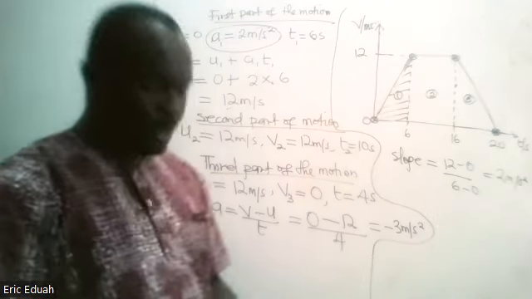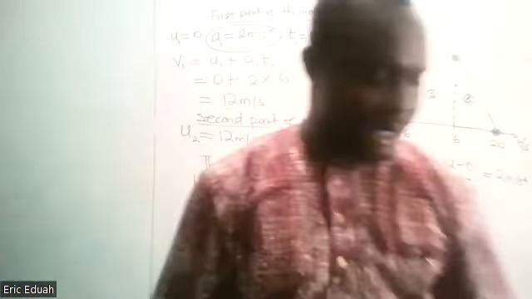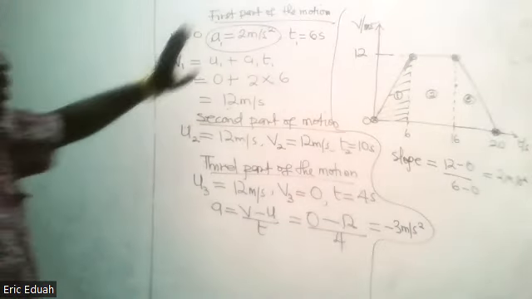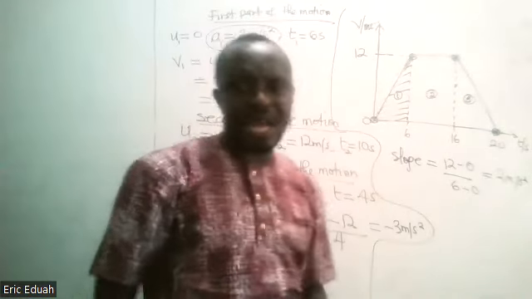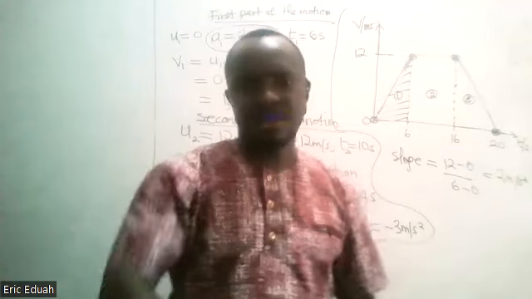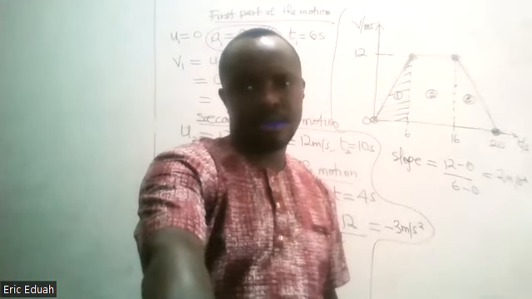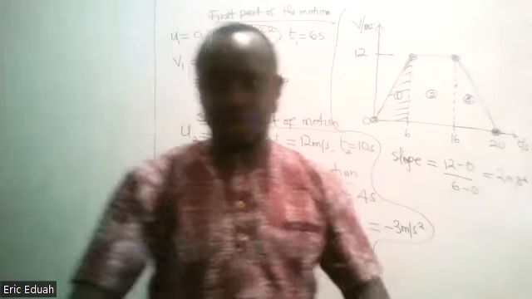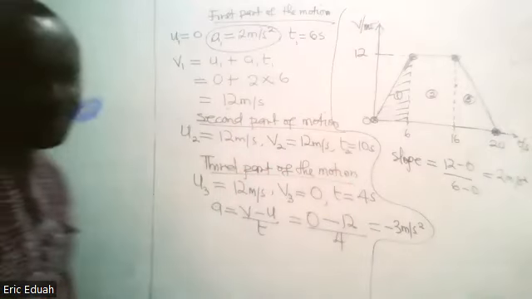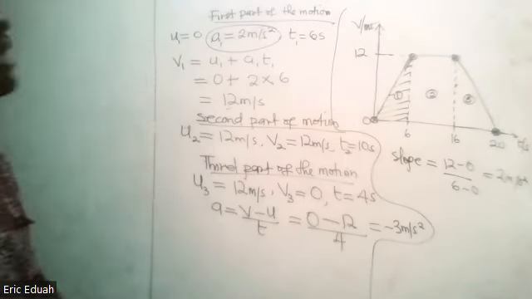Good. I gave you this clue yesterday that if you have a velocity time graph, the area under a velocity time graph is equal to the what? Is equal to the distance covered.